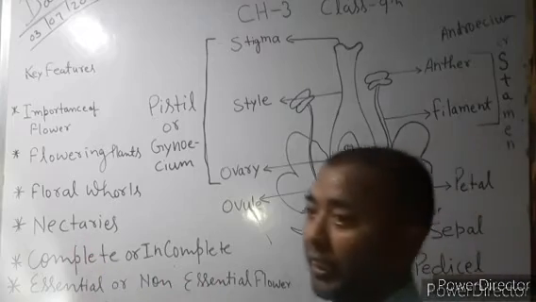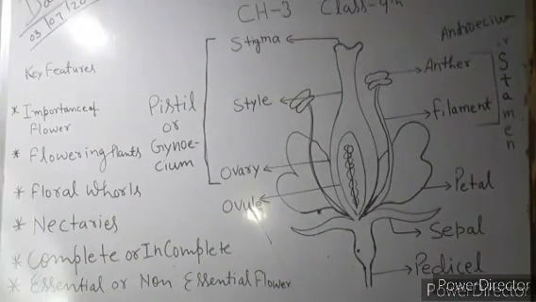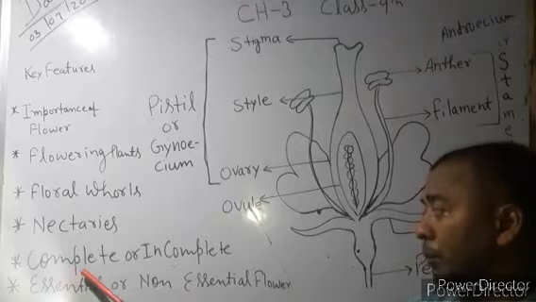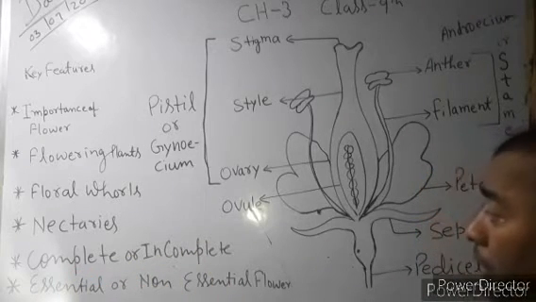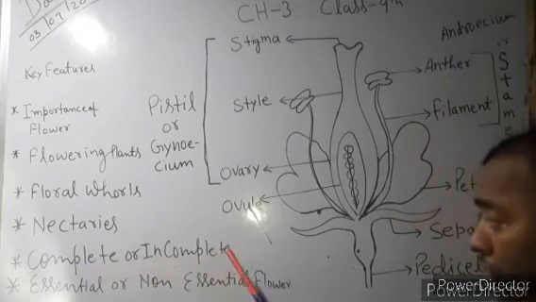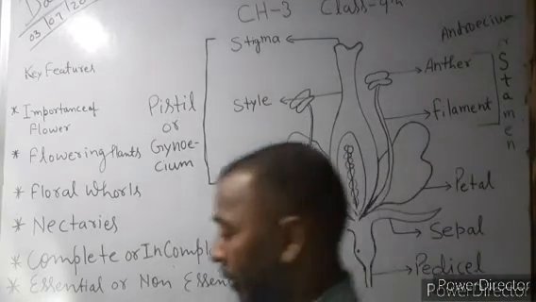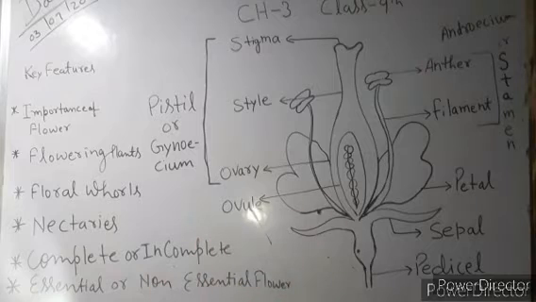Which flower can we say is complete, and which can we say is not complete? That means if any one of the whorls is not found in the flower, whether sepals, petals, anther, stigma or ovary, we can say that it is an incomplete flower.